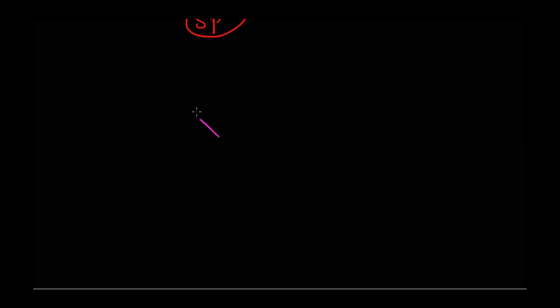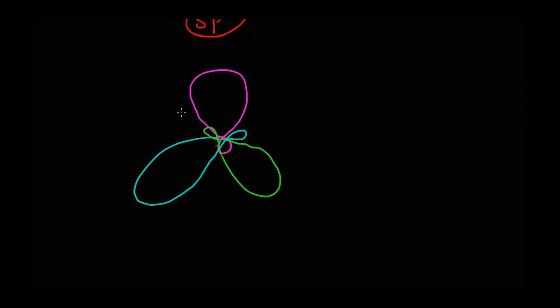So I'll have one hybrid orbital like this. Let me draw it with the other color. So the other hybrid orbital something like this, and then one more hybrid orbital, and the last one.